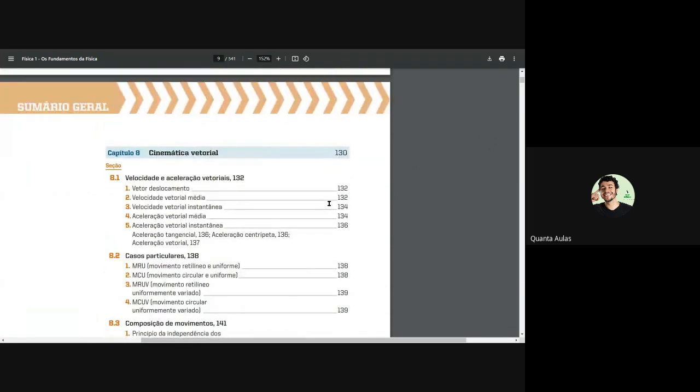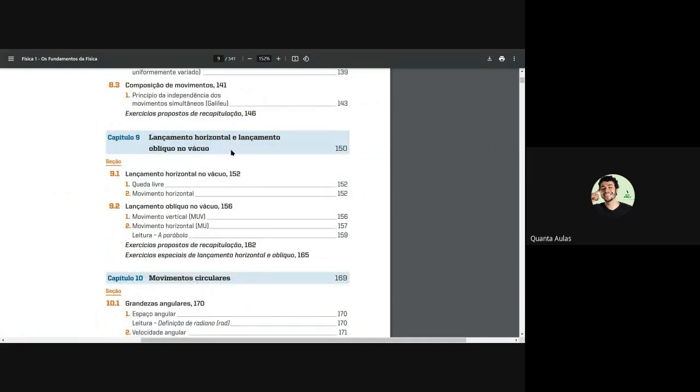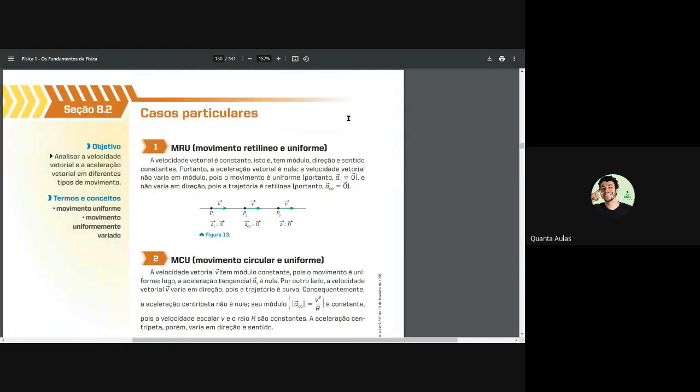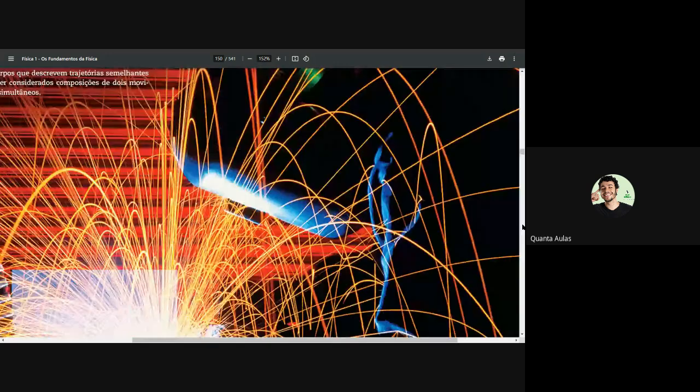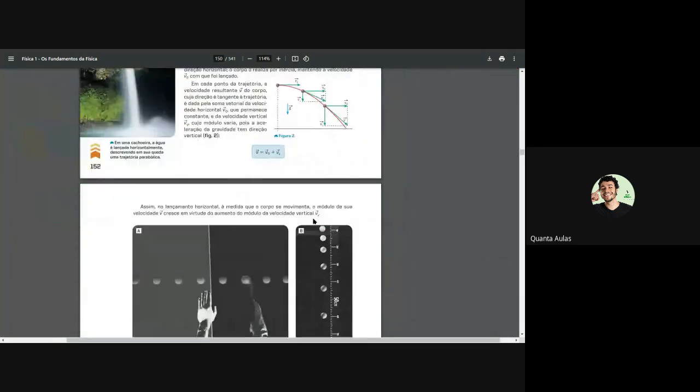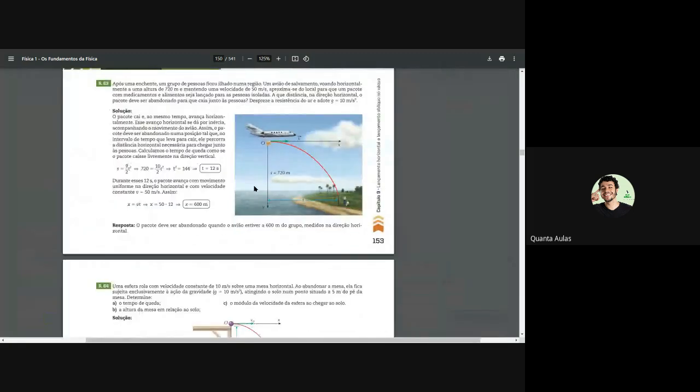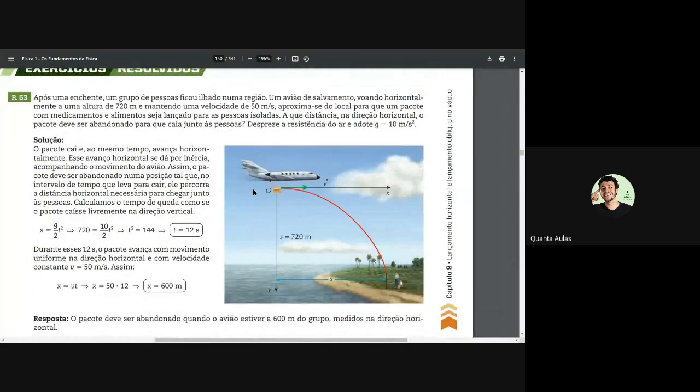For example, here we have horizontal launch. Just a second to open the page. Right here, this is the most common situation. We have a plane. The plane launches something, and this thing will encounter the floor.